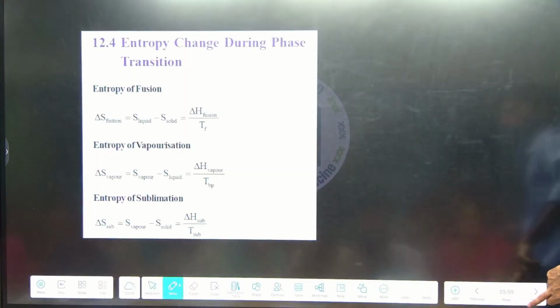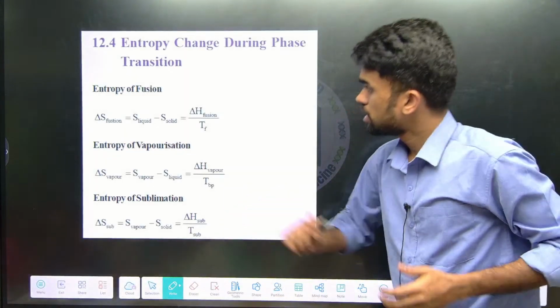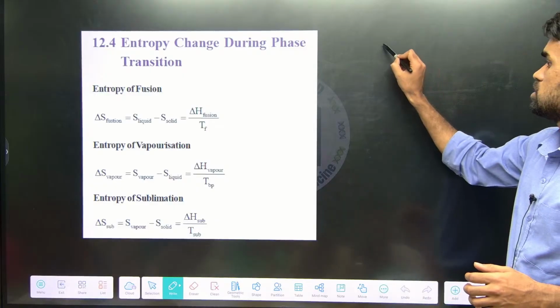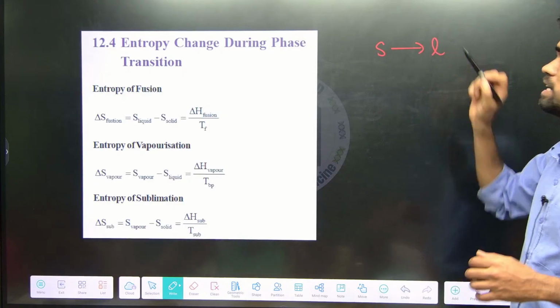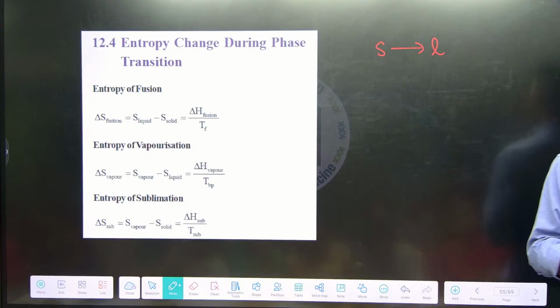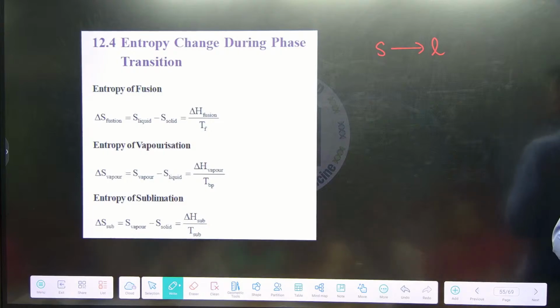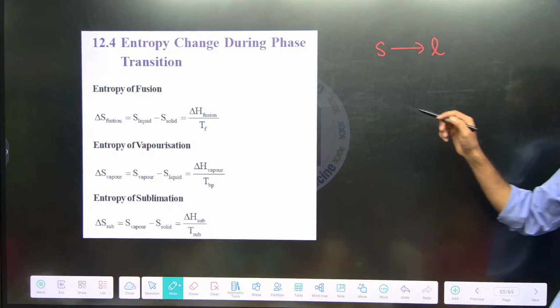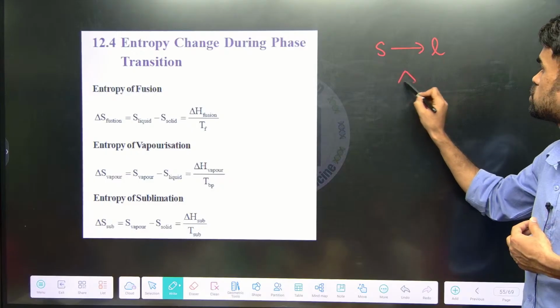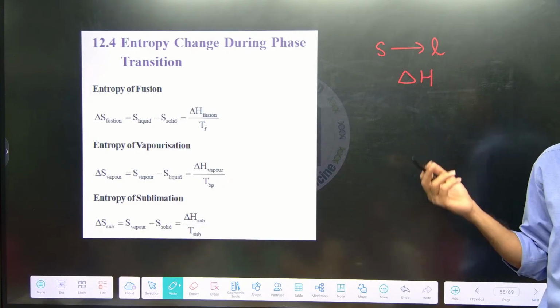So along with this, some other formulas. See, solid converting into liquid, what is this process called? Fusion. So whatever the energy change during this process is called enthalpy of fusion.